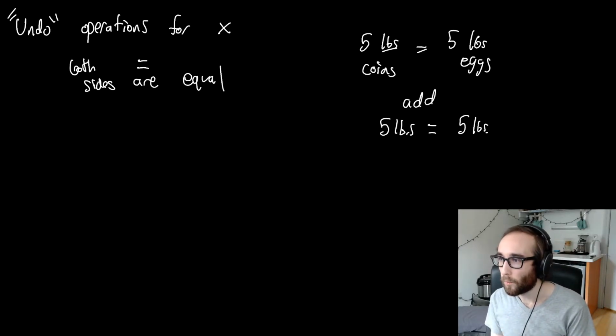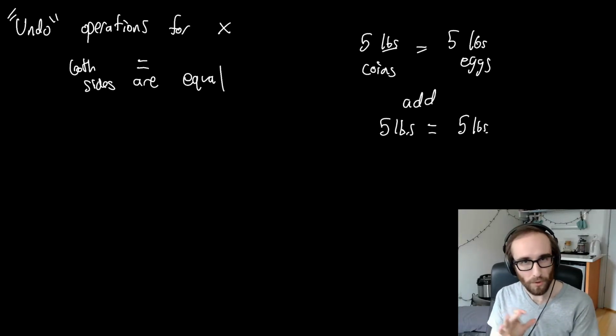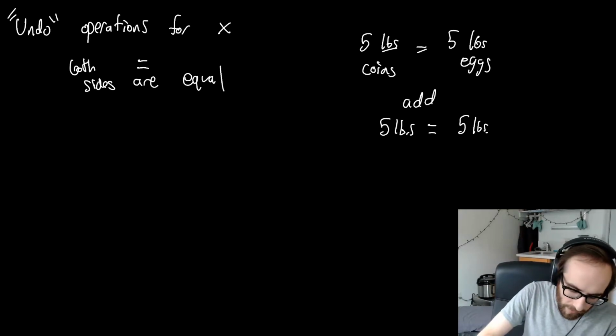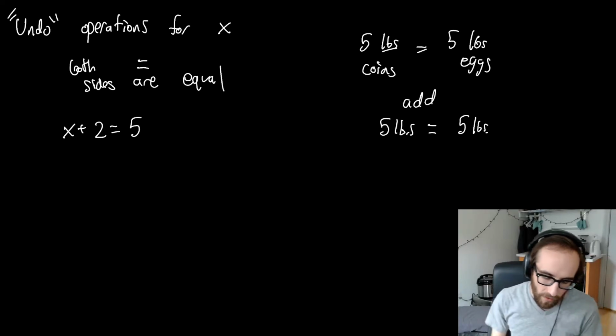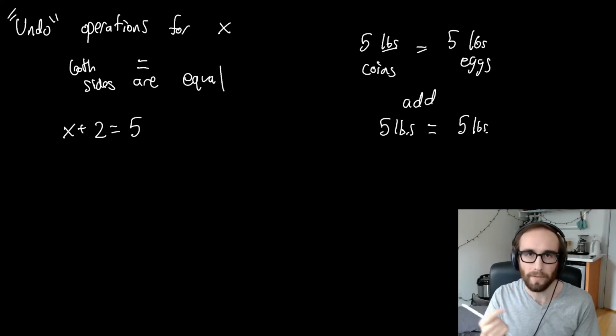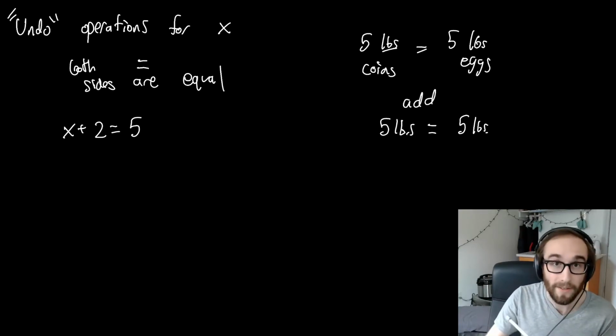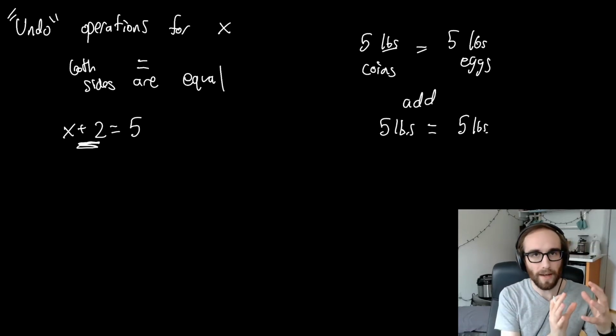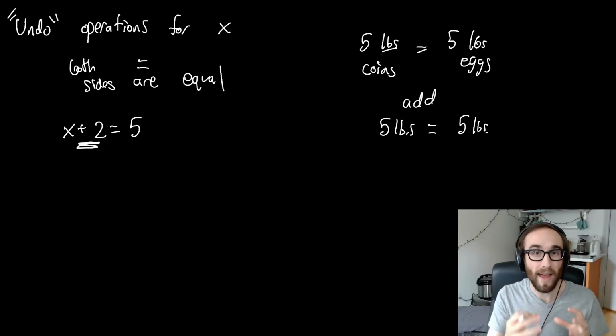So what we can do is move terms around by adding or subtracting those terms. An example is if we have x plus 2 equals 5. Before, we just figured out that x has to be 3, because if we add 2 to 3, we get 5. We can also isolate x by looking at this 2. On the left side, we have x, but we've added a 2 to x.